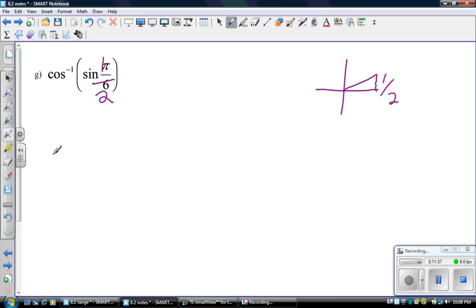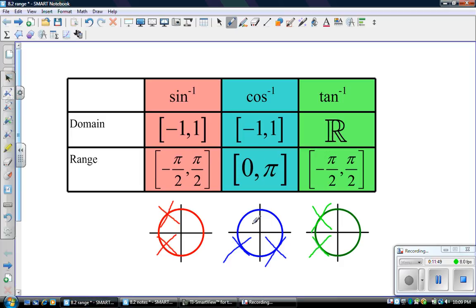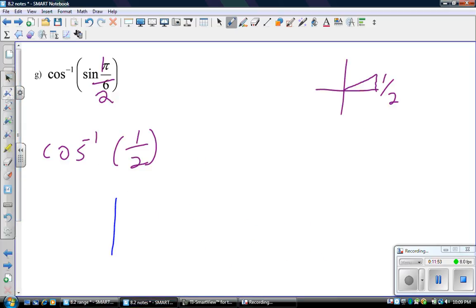So now I'm really just doing the inverse cosine of 1/2. Now again, I go, oh, I'm doing an inverse cosine problem. Inverse cosine means cut out the bottom two. It's a positive number, so cut this one out because cosine's negative there.